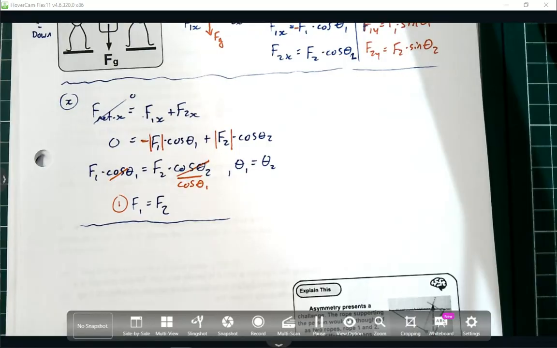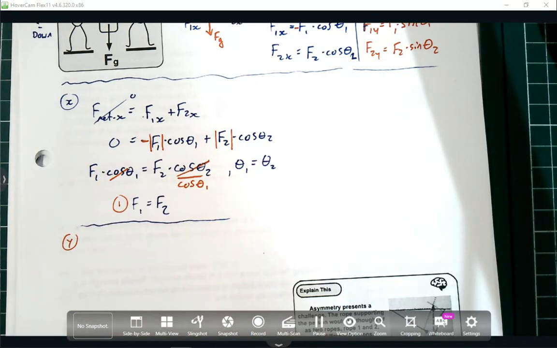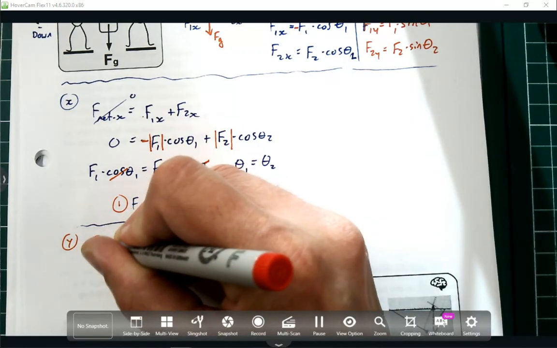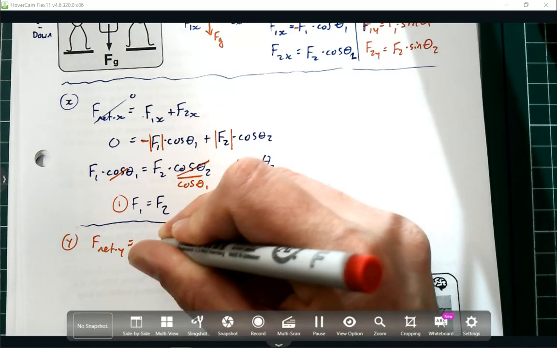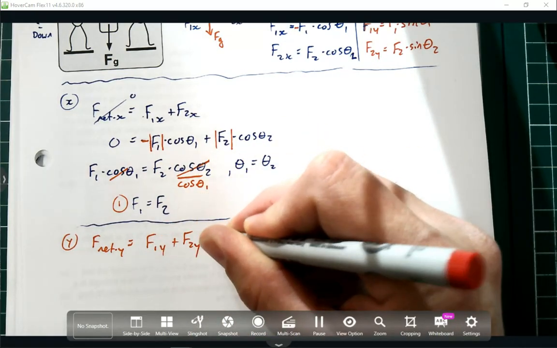Now, if I think about my y information, there's slightly more going on here. I can say F net y is equal to F1y plus F2y plus Fg.